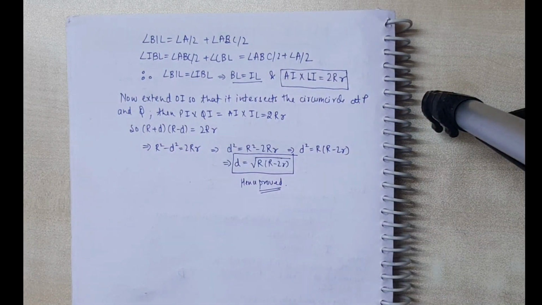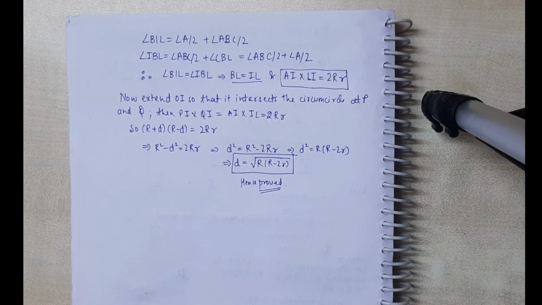So the expression now which we get is AI into IL is equal to twice the circumradius into the inradius. Now if we extend OI such that it intersects the circumcircle at P and Q, then PI into QI is equal to AI into IL, which is equal to 2 times the circumradius into the inradius.